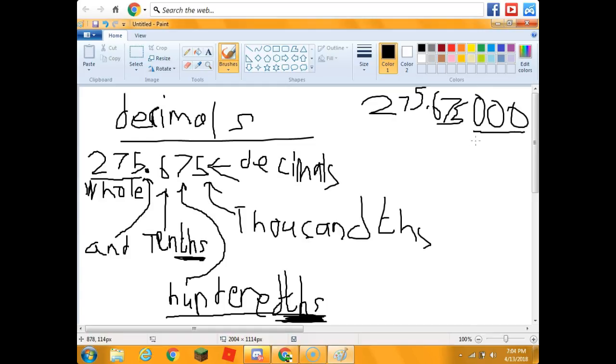It may differentiate how you say the word, but actually, the zeros behind it have no value. So that means that you can just cross out the zeros and it'll still be the same thing.